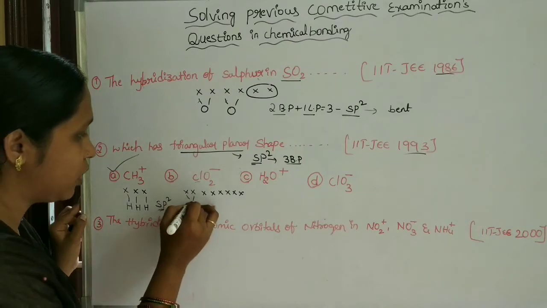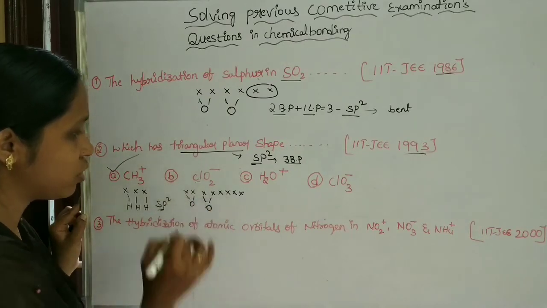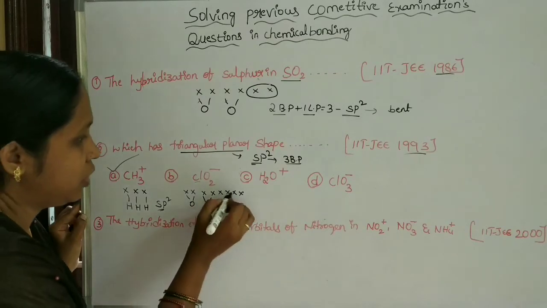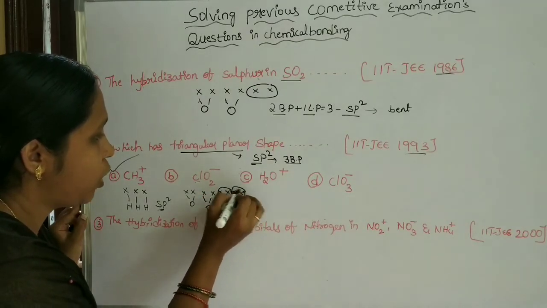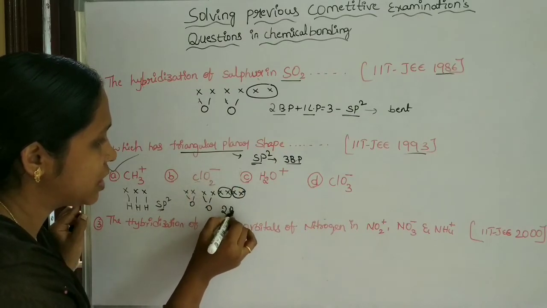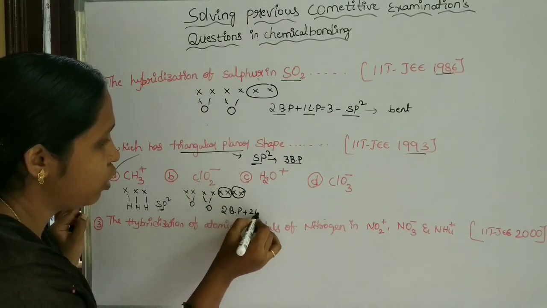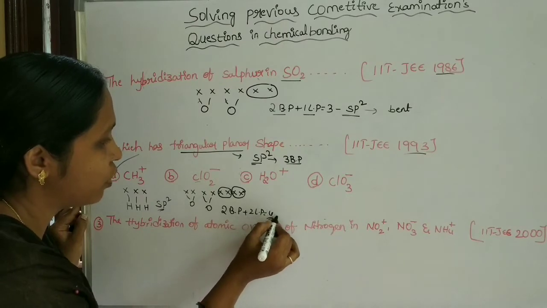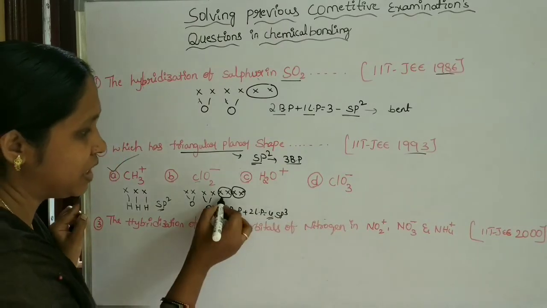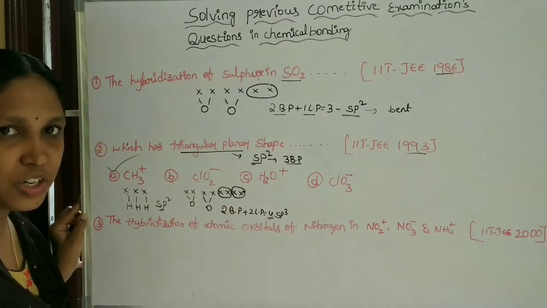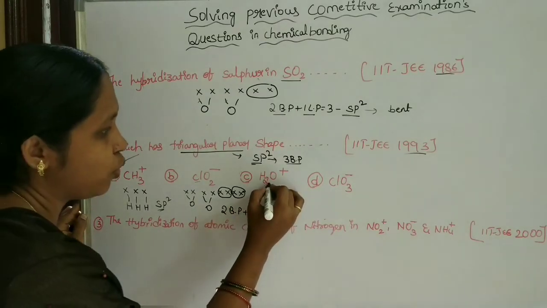Each oxygen combines with 2 single electrons of chlorine, and the remaining electrons form lone pairs. ClO2 minus has 2 bond pairs and 2 lone pairs. Total pairs are 4, so sp3 hybridized, and the shape is V shape.